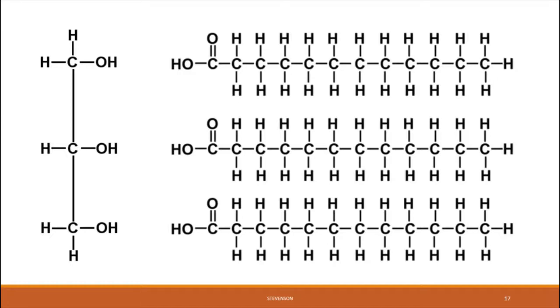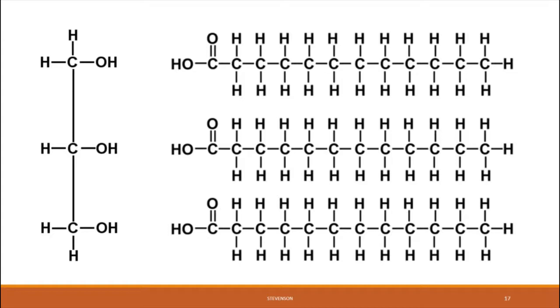On the left-hand side here, we can see a molecule of glycerol that I have sort of lengthened out here for our purposes. And on the right-hand side, we can see 3 separate molecules of fatty acid. Each of these 3 fatty acid chains is going to become attached to the glycerol on the left-hand side via a separate dehydration reaction. So 3 dehydration reactions, 1 for each fatty acid chain.